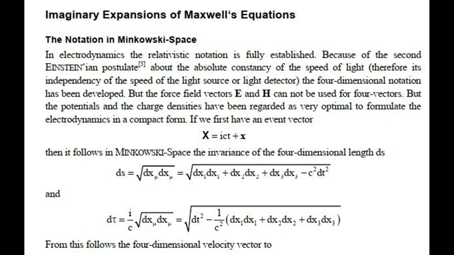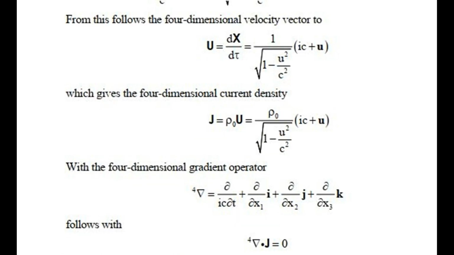If we first have an event vector, then it follows in Minkowski space the invariance of the four-dimensional length ds. From this follows the four-dimensional velocity vector, which gives the four-dimensional current density, with the four-dimensional gradient operator.